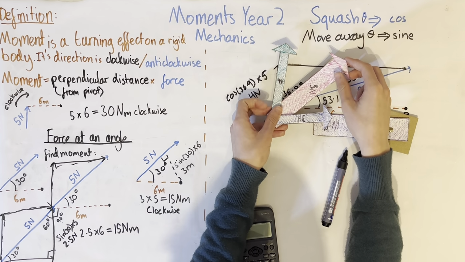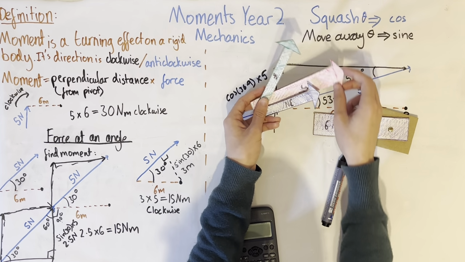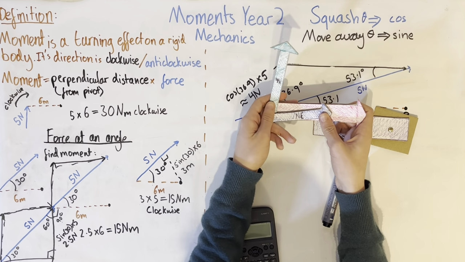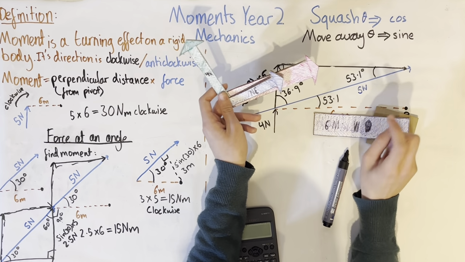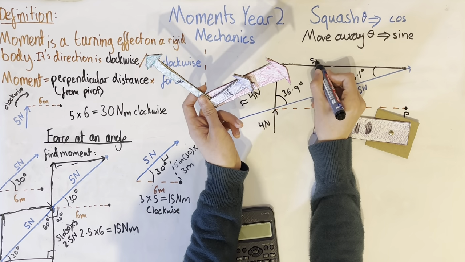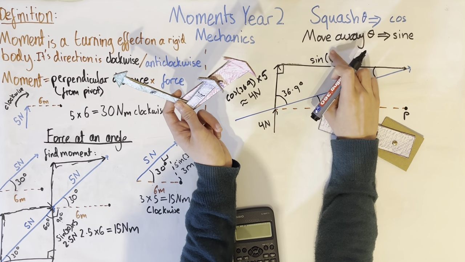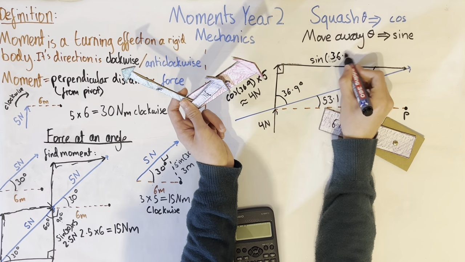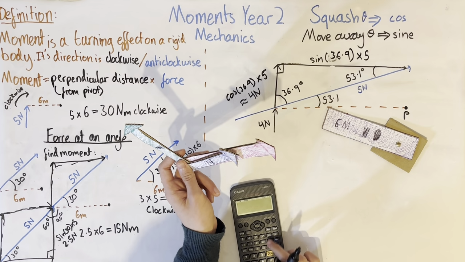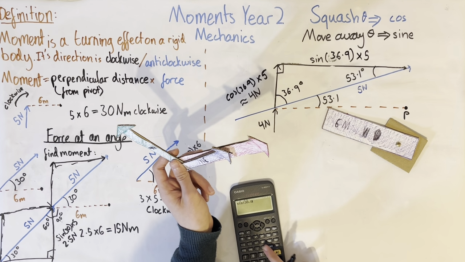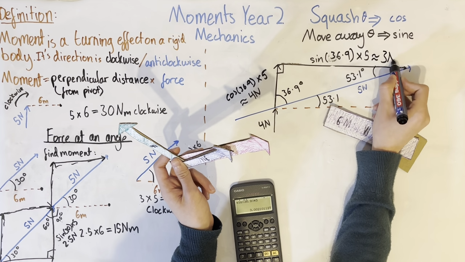Then we move away: we do 5 times sine 36.9, sorry, 5 times sine 36.9. And what does that give us? Sine 36.9 times 5 gives us an answer of about 3 newtons.